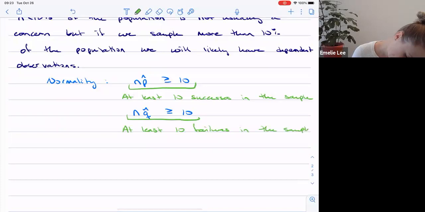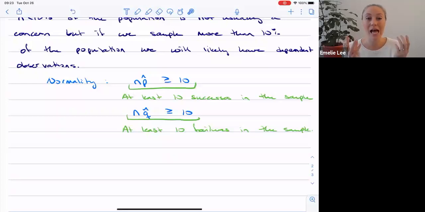What does that mean? Means that if we have a 50-50 split, so if p hat is 0.5, then q hat is 0.5, and then we would have 10 successes and 10 failures at minimum.